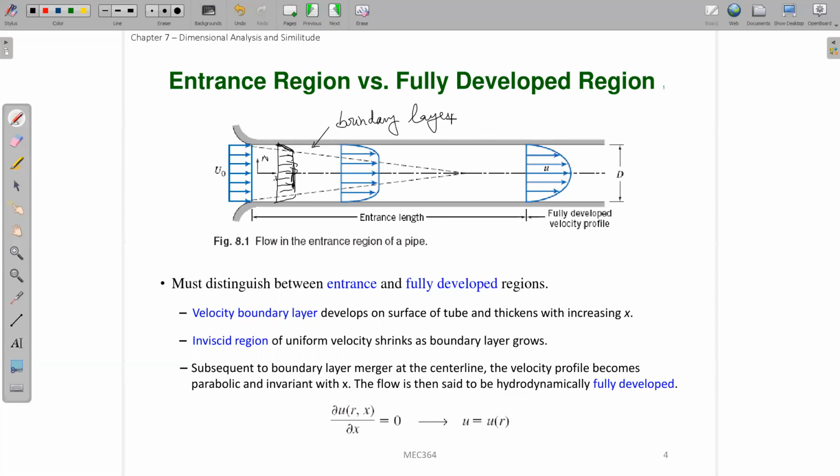So what does the boundary layer mean? Inside this boundary layer is the region where the shear stress is significant.